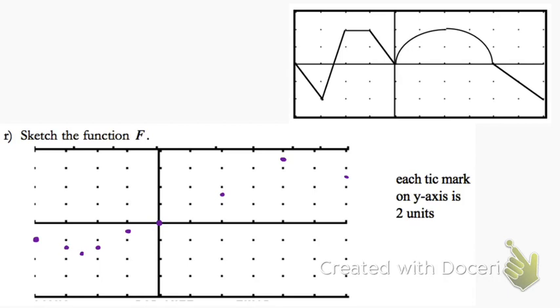It was concave down at first, then it changed to concave up, and then it was a constant from -2 to -1, straight line. Then it was concave down again from -1 to 0, concave up from 0 to 2, concave down the rest of the way.